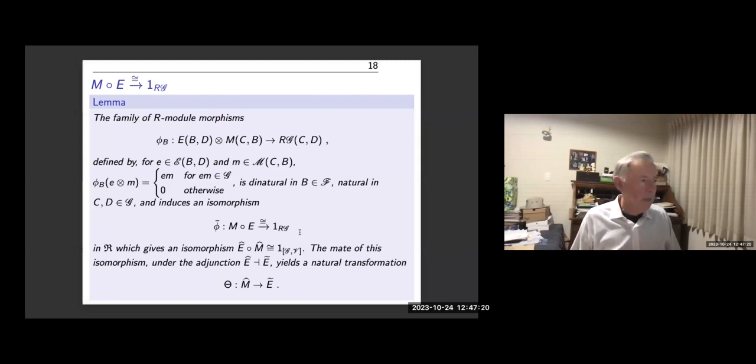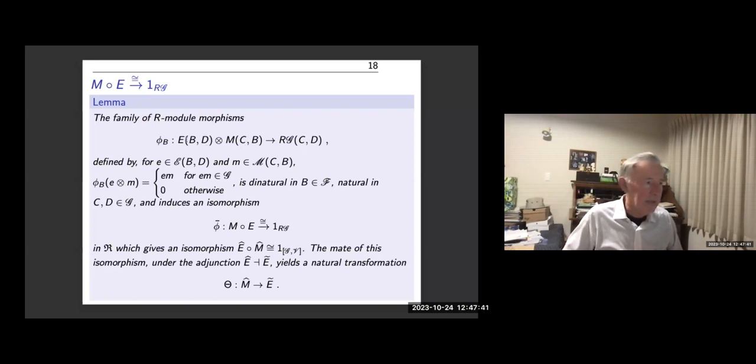So how do you prove that? Well, I'm not going to prove it, but I'm going to explain what it means. So this morphism from M composed with E to 1, the identity module, has got to be made up of things like this phi b.